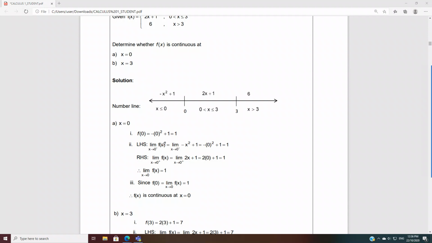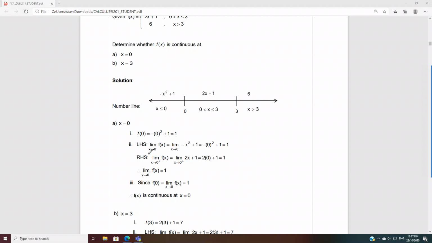Okay, the limit we need to find as x approaches 0. So for the left hand side, we take this function, negative x squared plus 1. Substitute x with 0, so we get the answer 1. Okay, for the right hand side of x equals 0, we take 2x plus 1, so 2 times 0 plus 1 equals 1. Since the left hand side limit equals the right hand side limit, therefore the limit of f(x) when x approaches 0 equals 1.